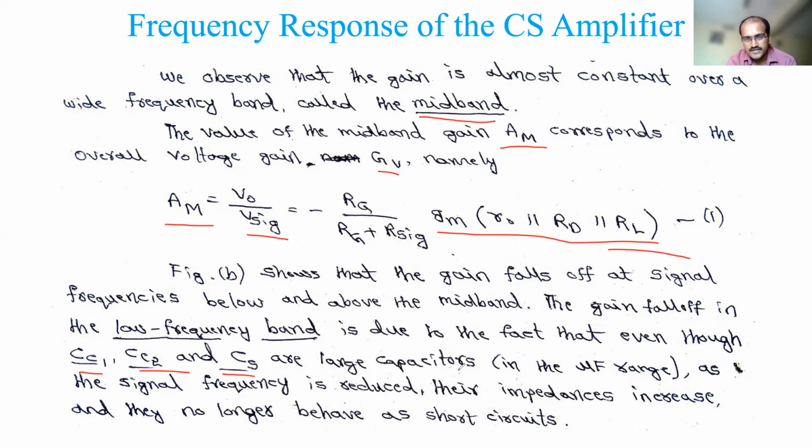Their impedance is inversely proportional to frequency, right? So they no longer behave as short circuits. Instead, they place some values over there, and that will affect the fall in gain.